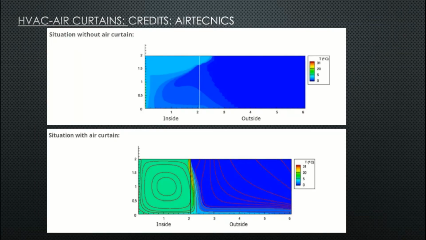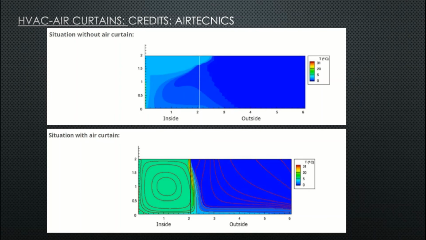In this image, you can see in the first image on the top a space where there is no air curtain, and in the image below a space with an air curtain. It clearly shows the air curtain acts as a barrier between the two different regions. In the top image, you can see the conditioned air inside the environment is going outside, and vice versa.